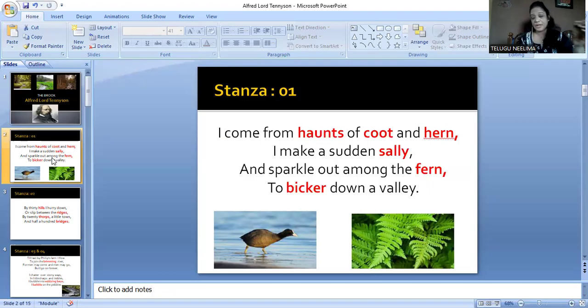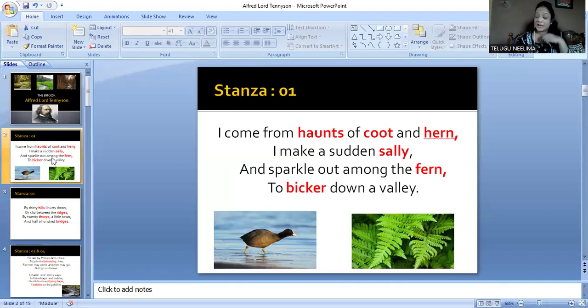For example, the brook itself is talking about its journey, the small water stream is talking about its journey: where it comes from, where it goes, and what its plan is. That is the most important part to take care of when we are going through this poem. So look at the first stanza, which is talking about the start of its journey.